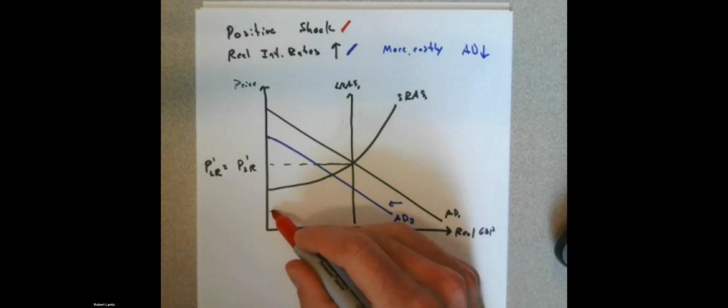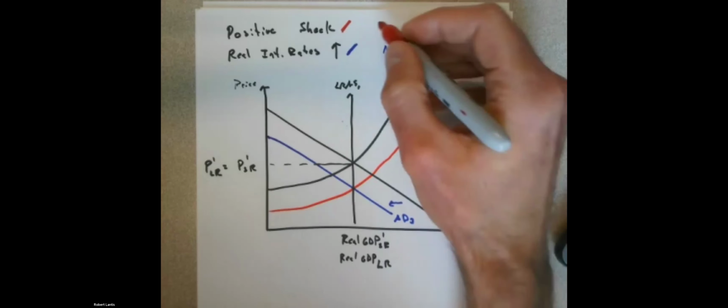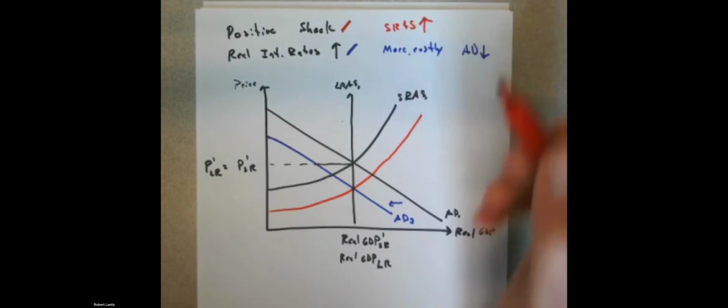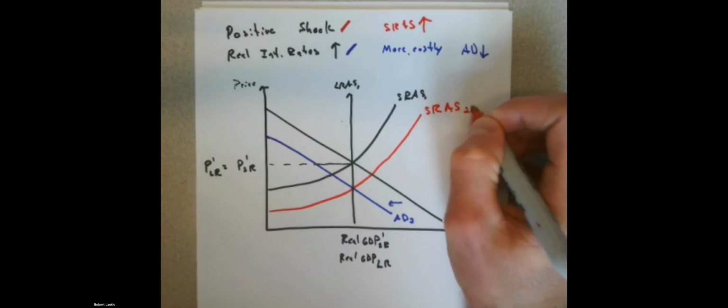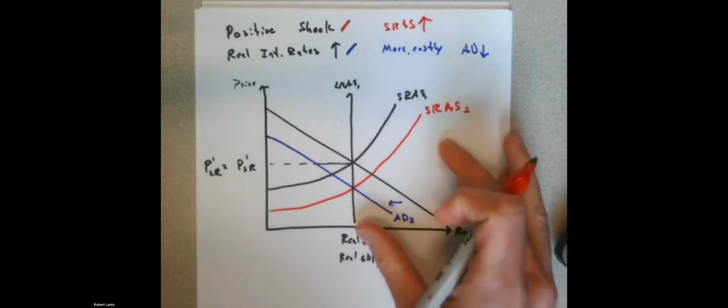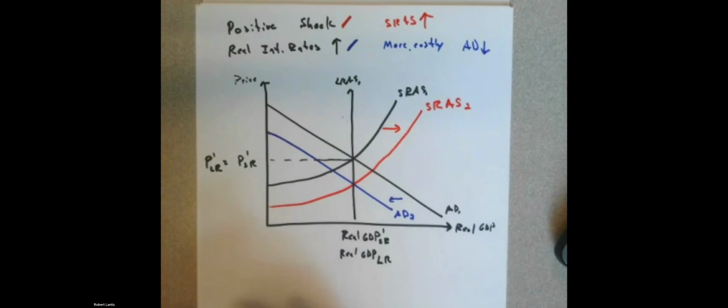So if now I see that this positive shock causes my short run aggregate supply to increase, remember, a little bit counterintuitive, but increases are always shifts to the right. Now it looks like it's moving down and to the right, but it's always a shift to the right. We talked through the reasons earlier, two different ways of thinking about why.